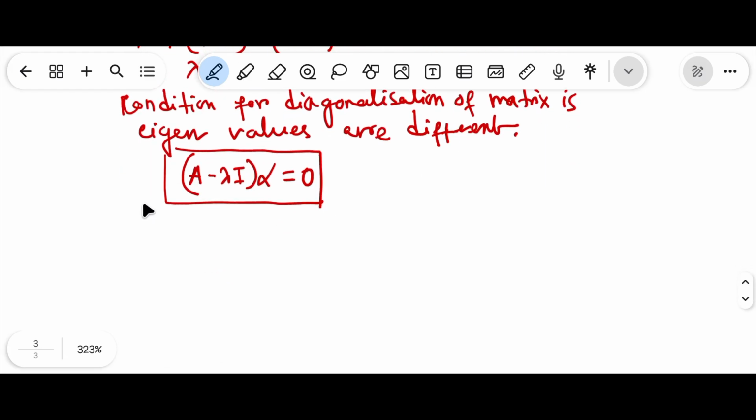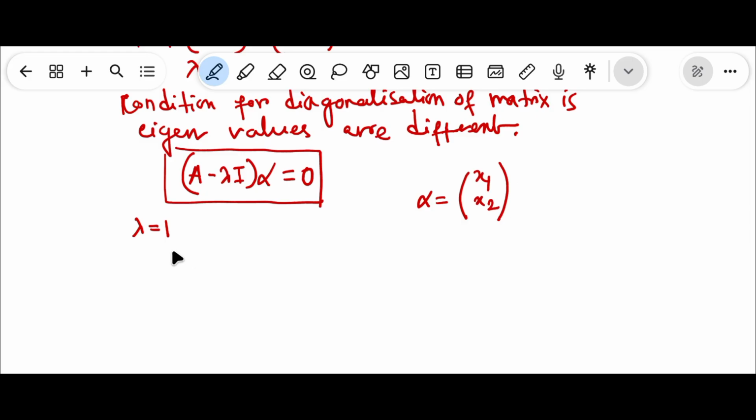So therefore let us find this for lambda equals 1. Okay, so as we have a 2 cross 2 matrix, therefore what will be our alpha? Our alpha will have 2 unknowns, x1 x2. So let us put, we have the matrix as 4 2 3 3.